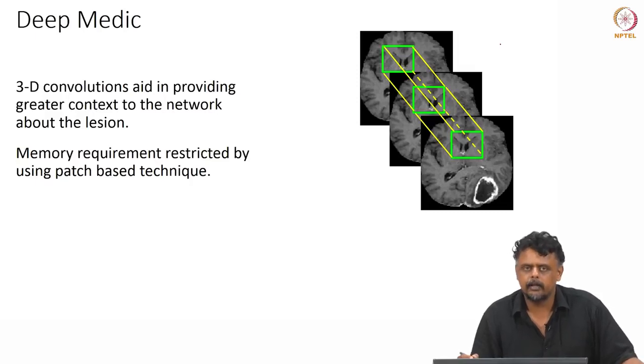You will run out of memory eventually, since you remember that you have to have mini batches and all that during training. So, the idea is to restrict the size of the patches so as to not have a memory issue, but at the same time exploit the 3D nature of the images.